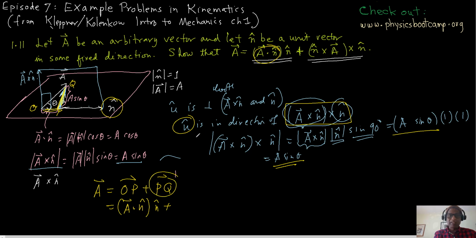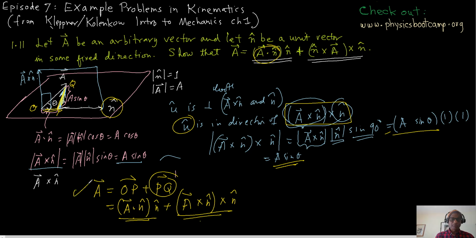The direction of P to Q is u hat and the magnitude is A sine theta. So PQ is equal to this whole thing, and OP is equal to this thing, and added together vector-wise they give A.